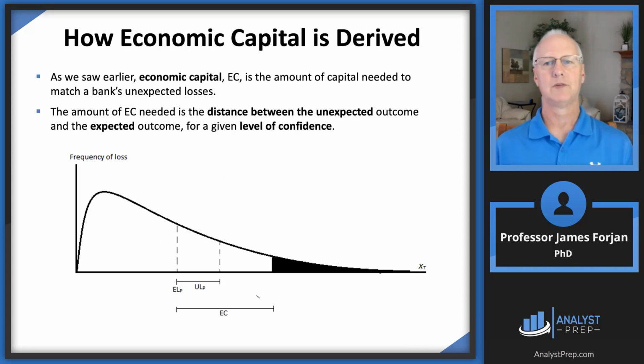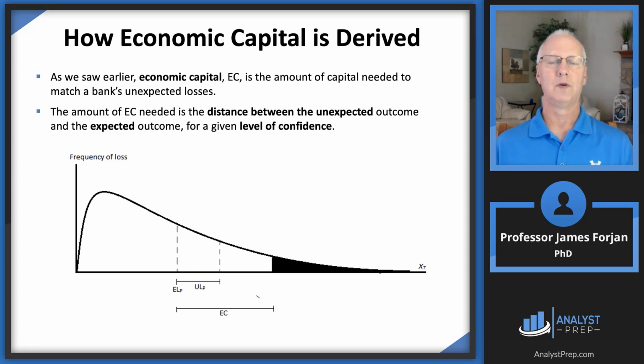Now, here's the learning objective about economic capital and how it is derived. Remember, it's the amount of capital needed to keep the financial institution solvent, which means that the economic capital must be matched to the bank's unexpected losses.